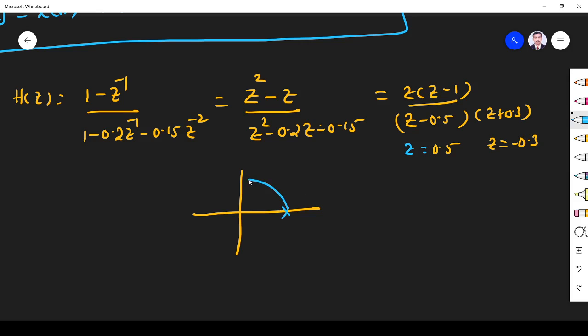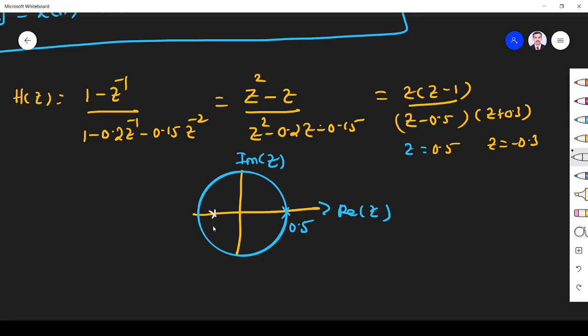Here we have one pole at z equal to 0.5 on the real part of z axis, and the imaginary part of z on the other axis. Another pole is at z equal to minus 0.3, which I assume is smaller in magnitude than this one. This is the pole zero diagram.